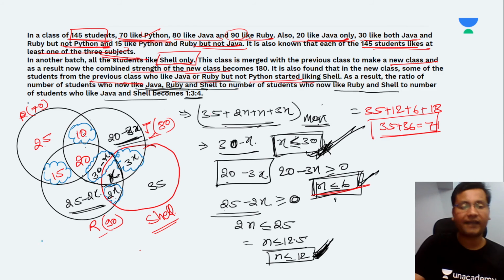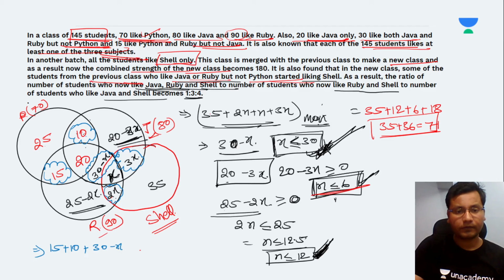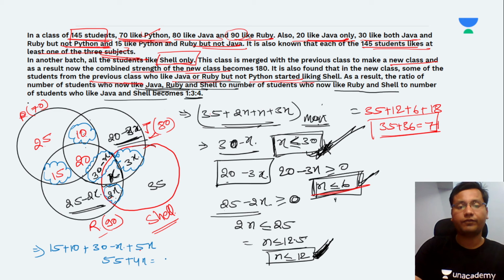So we have to find the maximum value of this. That has to be 15 plus 10 plus 30 minus x, plus 2x plus 3x, that is plus 5x. So this will be 55 plus 4x, and that is equal to 55 plus 24, 6 into 4.